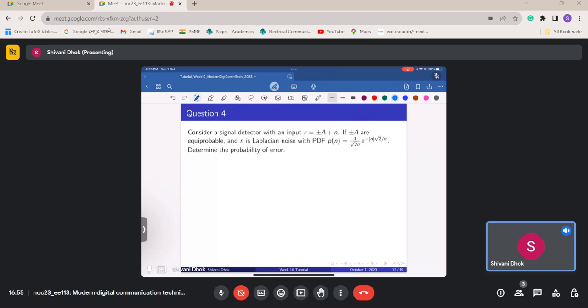So what we need to do first is derive the optimal decision rule, which is MAP, or it is equal to ML if equiprobable symbols.